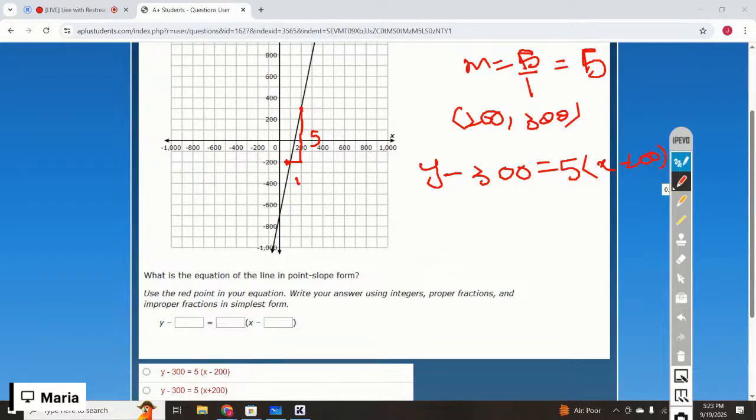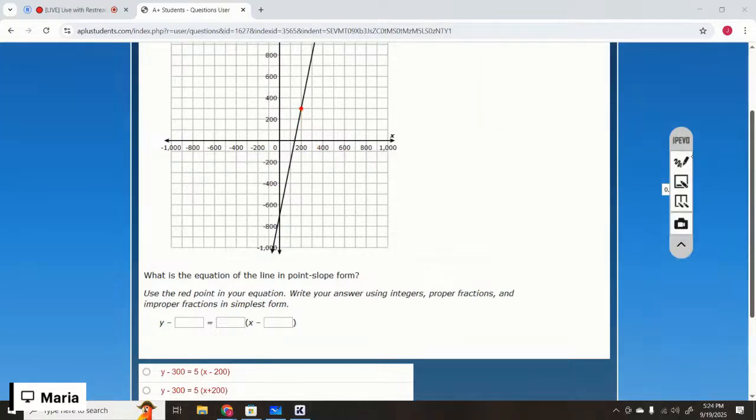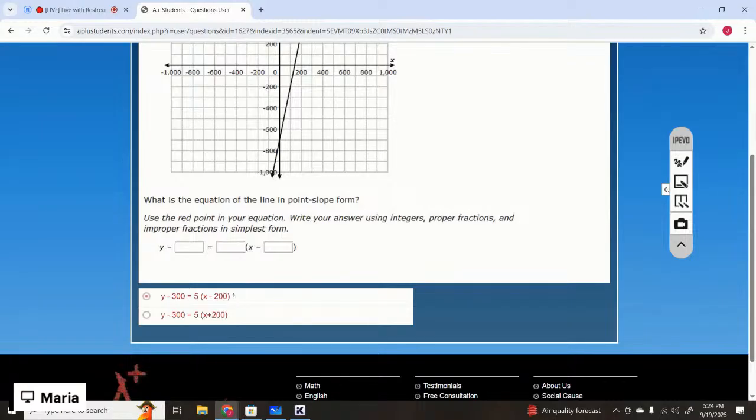That is y minus 300 equals 5 times x minus 200.